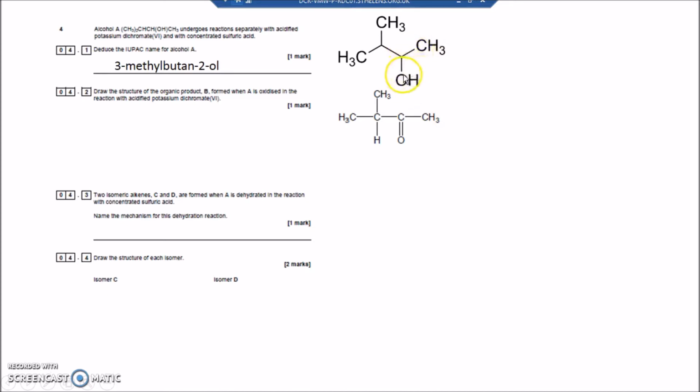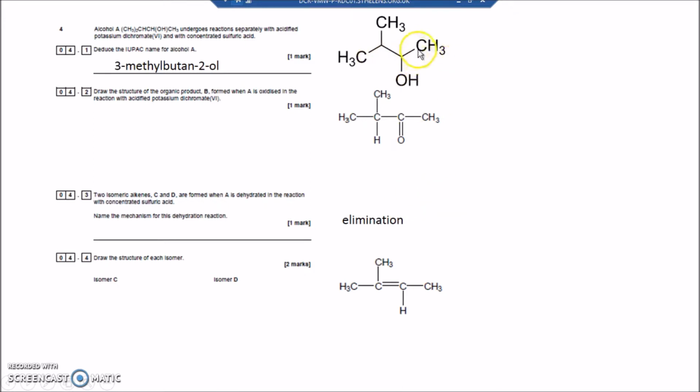Alternatively, it could lose the OH and go the other way, because this carbon's got an H on it as well. So this carbon could lose its H, the H that's hanging off this carbon here on the skeletal formula. It could lose an H and this OH and form a double bond this way. So your reaction can form a double bond between the two carbons here in the middle, and it takes the H off this C here, as well as the OH off this C. Remember, this C is still going to have an H here, so it's forming a double bond between the two here.